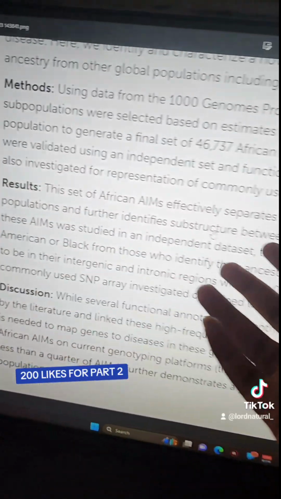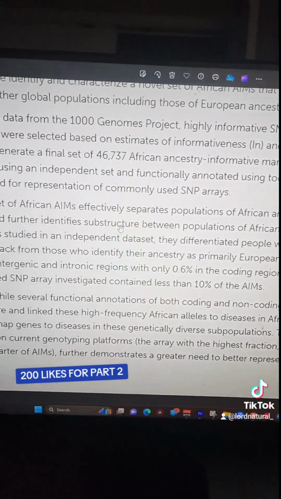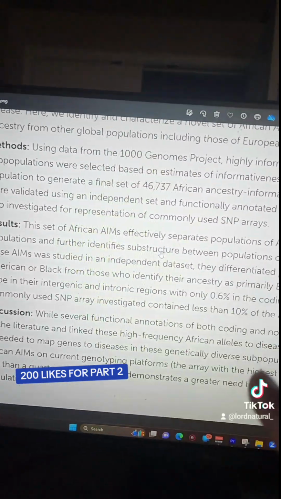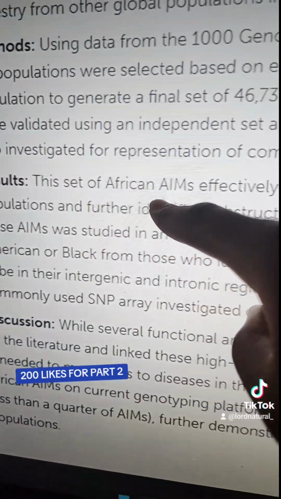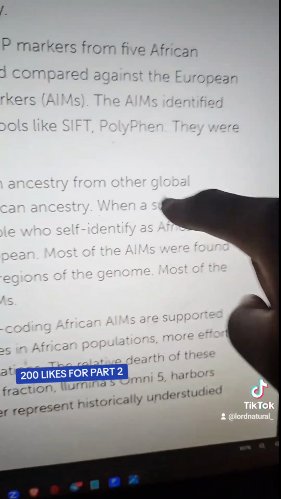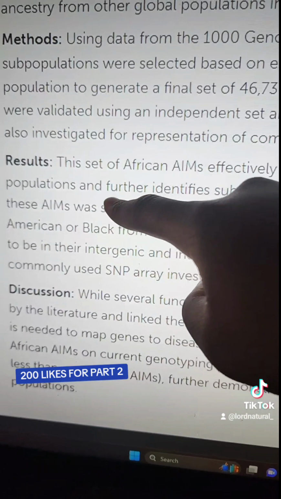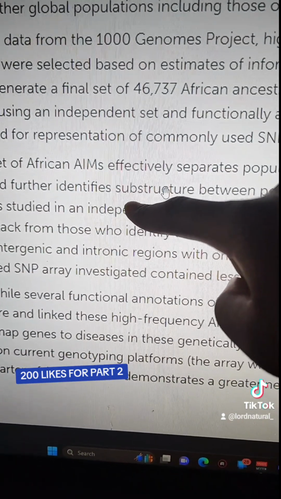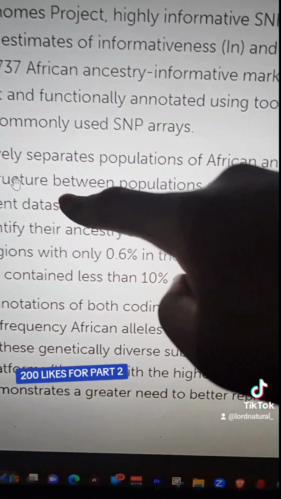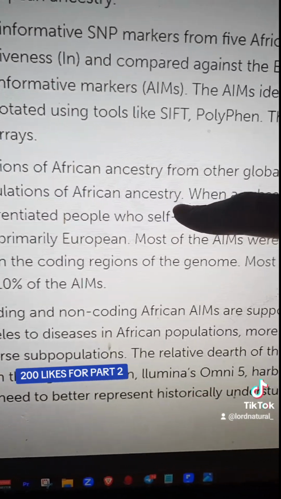Now let's look at the results of this and how they came up with their calculations. And again, you be the judge. The set of African AIMs effectively separates populations of African ancestry from other global populations and further identifies structure between populations of African ancestry.